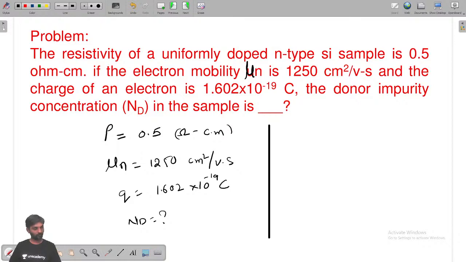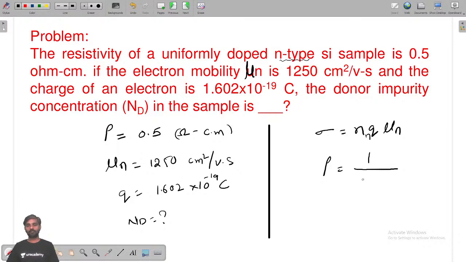How will you calculate Nd? From the given data, we know that conductivity is equal to n q mu n. Resistivity is the reverse of conductivity. He is clearly saying it is n type, so I can use mu n.